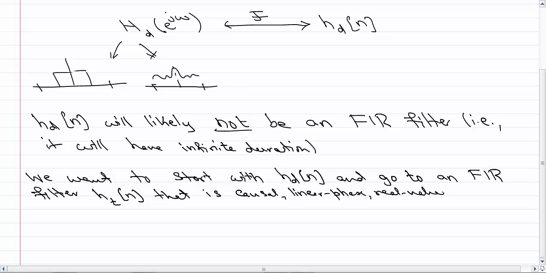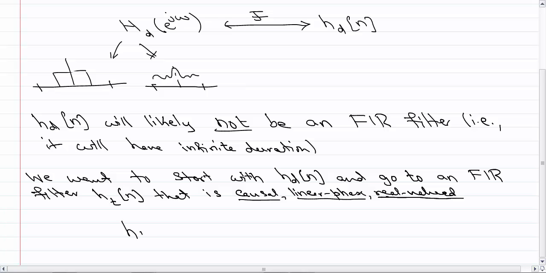Real valued, of course, is a function of whether h_D of n is real valued or not. Let's assume that that is the case. Linear phase is also trivial to achieve as long as you are symmetric or anti-symmetric, so that is also easy. Causality is easy also because if you end up with a non-causal filter, you just shift it. So the main challenge is how do we go from these infinite number of filter taps, these filter coefficients, to a finite number of filter coefficients. That's the main challenge. Okay?